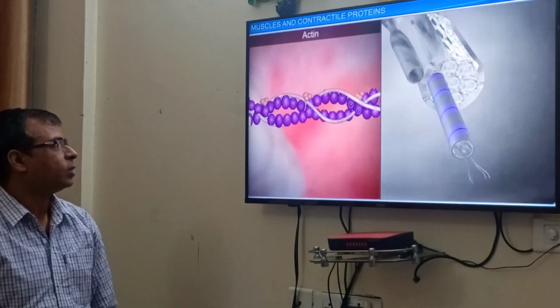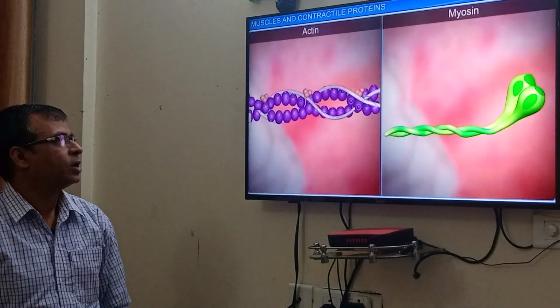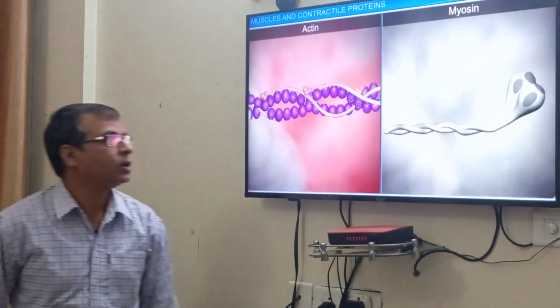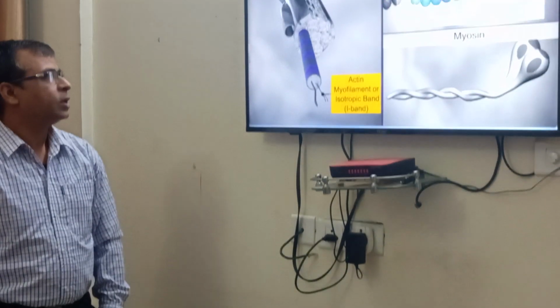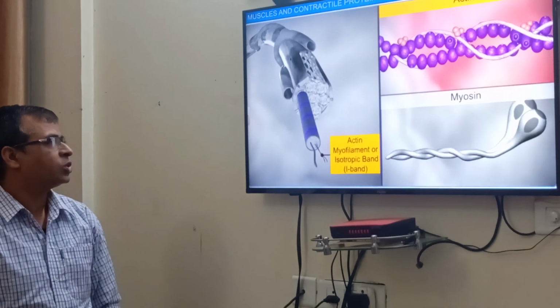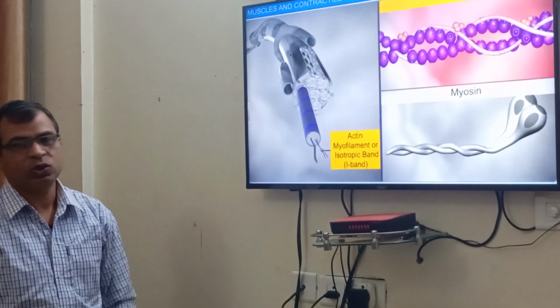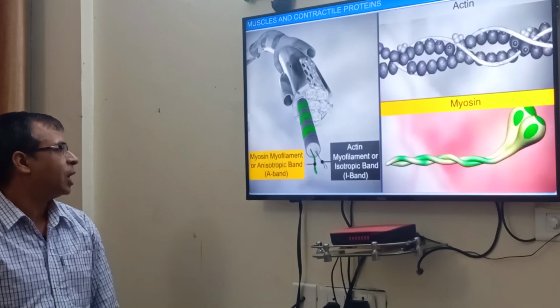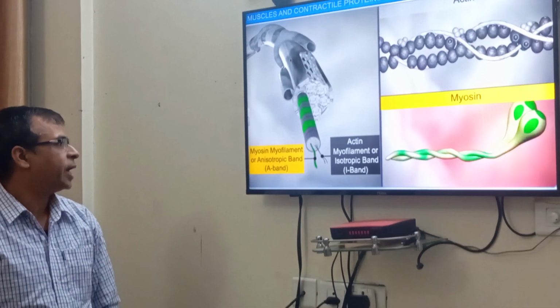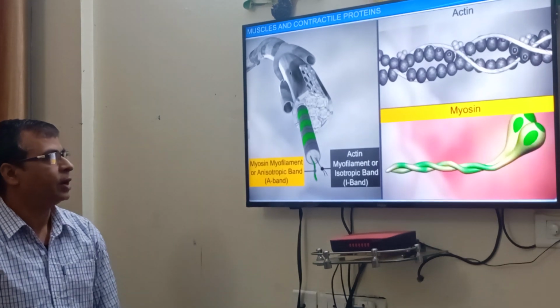This is the actin protein and this is the myosin protein. Myosin is the thick band, actin is the light band. Actin myofilaments are also called the isotropic band or I band, and myosin filaments are also called the anisotropic band or A band.